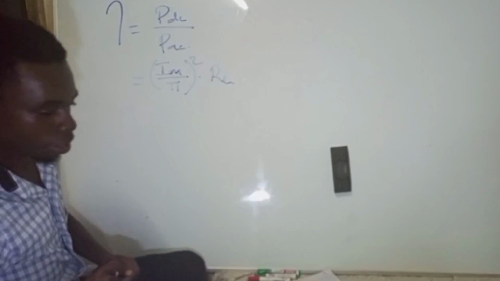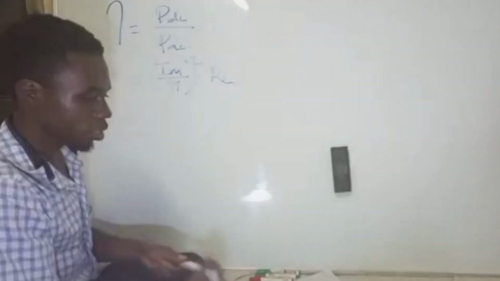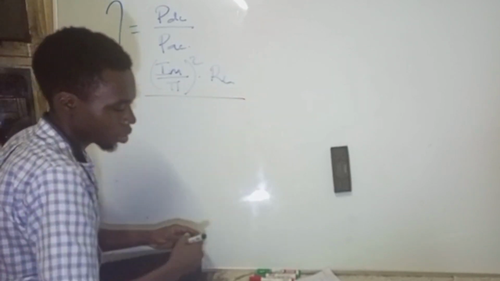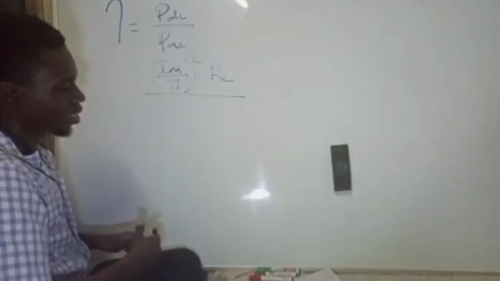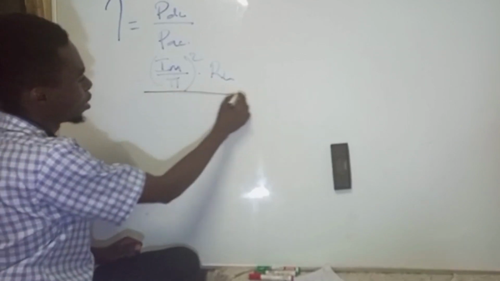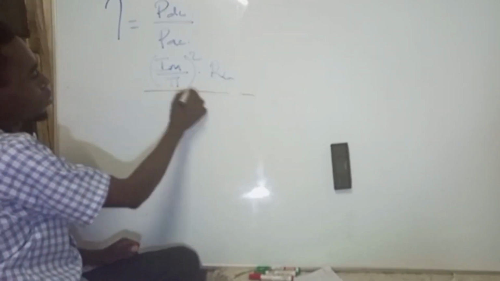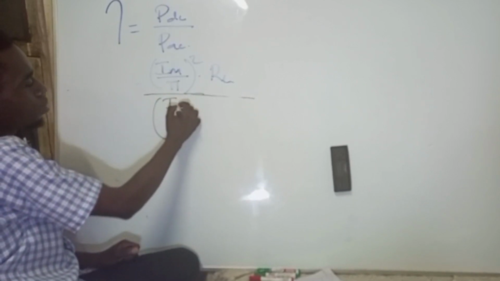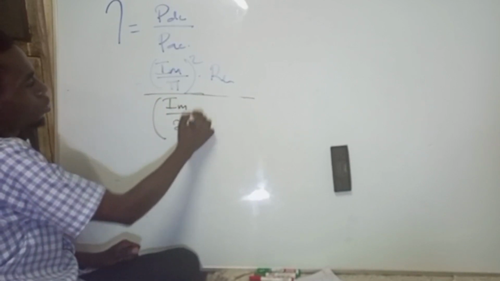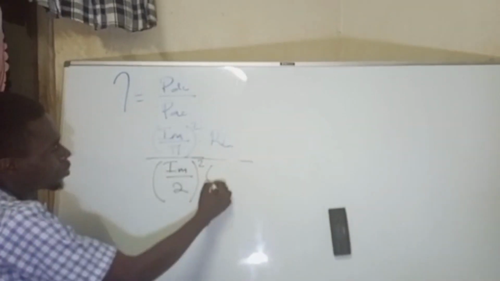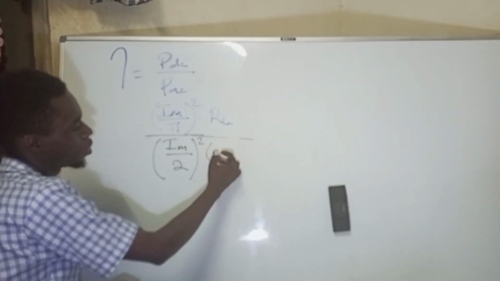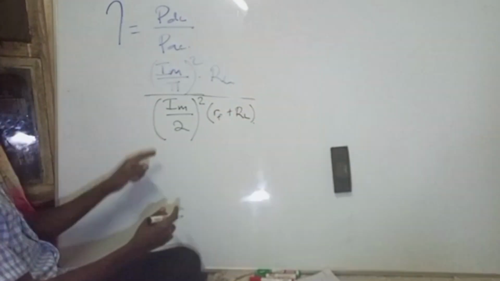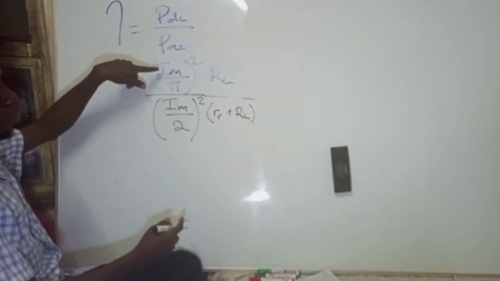How is this marker? And then our AC value. Our AC value was simply equal to, remember that for AC we said we get I max over 2, and then we square it times the total resistance across the load, which is RF plus RL. So realize that when I open the brackets, I'll have a pi squared.